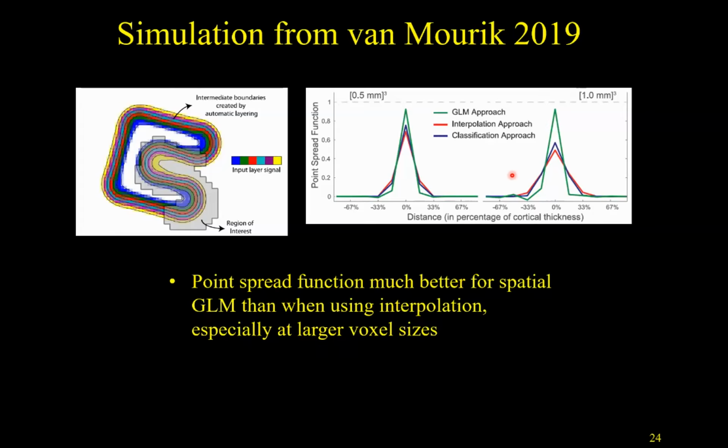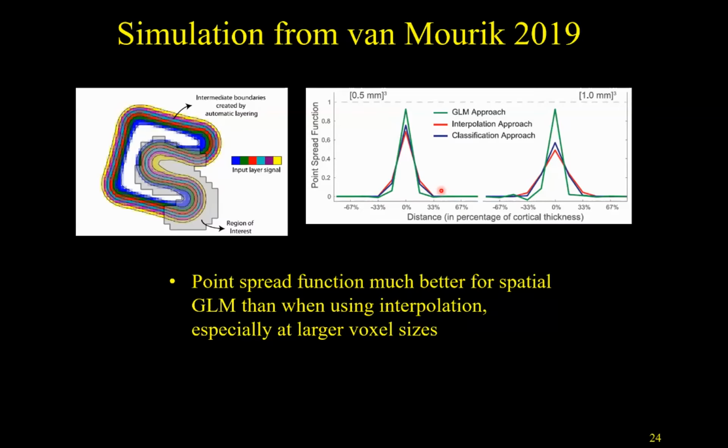At 1 millimeter, that difference is even bigger. So the spatial GLM, which is shown here in green, is still very close to 1 and fairly close to 0 on the sides, but the interpolation methods perform very poorly. So this is an indication that the spatial GLM is doing the right thing. One thing to note is that you have a little bit of an undershoot here, and that's possibly going to create some problems.